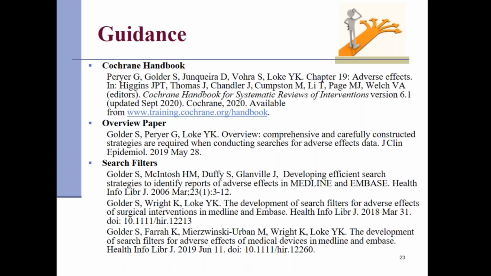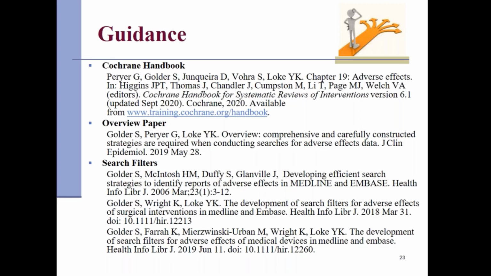So obviously there is guidance out there in the form of the Cochrane Handbook, which should be your first port of call. I have published an overview paper, however, that goes into a bit more detail just about the searching aspect of that chapter. It has a lot of overlap with the Cochrane Handbook, but does go into a little bit more detail about searching.